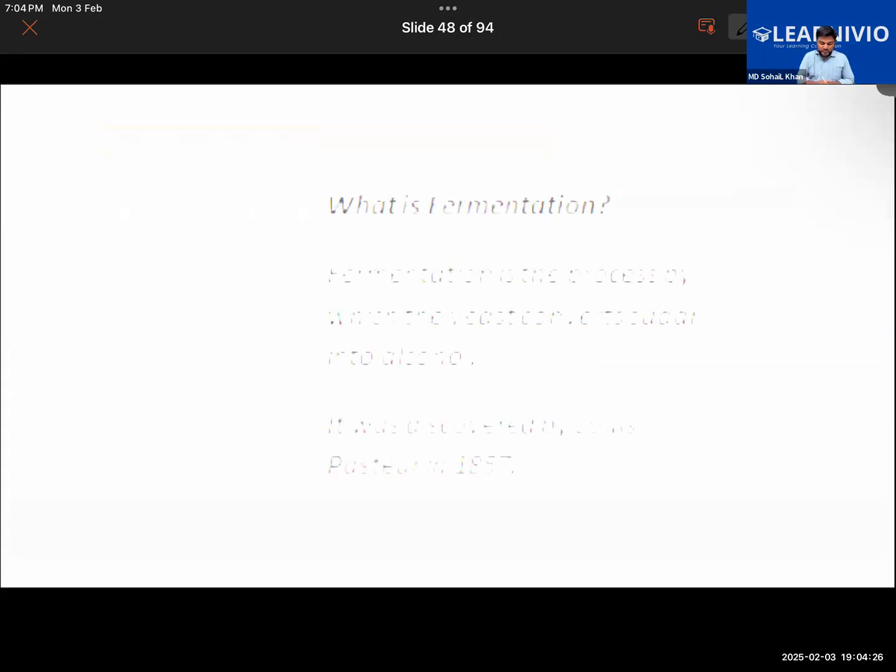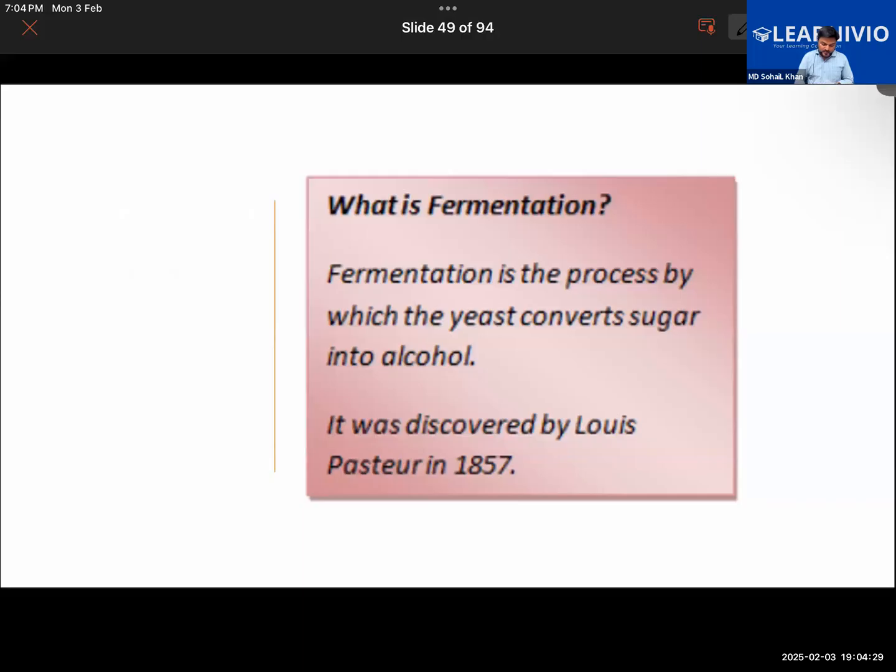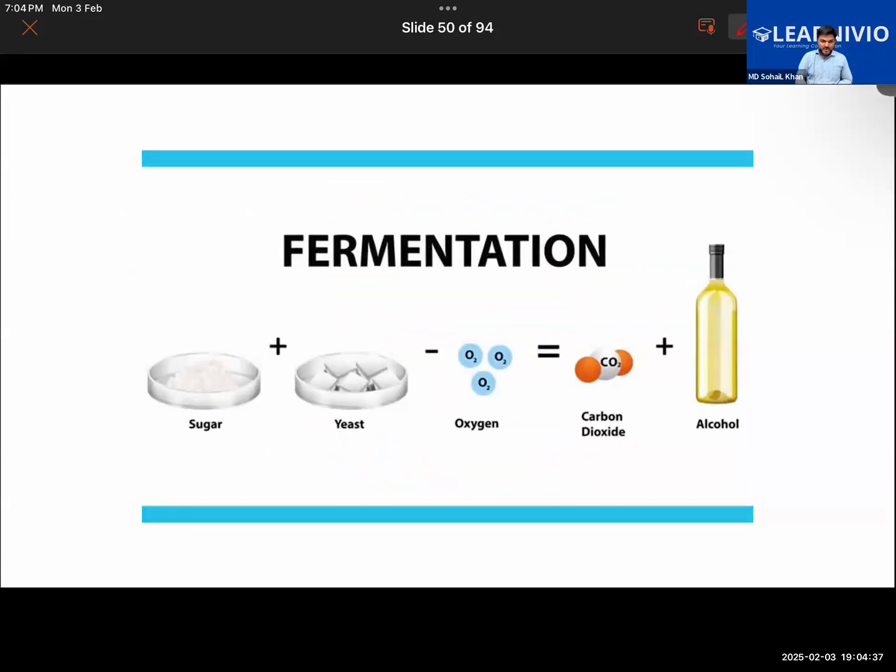So that is how yeast is useful to us. For the very first time, it was Louis Pasteur who discovered the method of fermentation. Hope you guys are getting it. The natural sugars present in fruits, wheat, barley, etc., will be converted into carbon dioxide and alcohol.